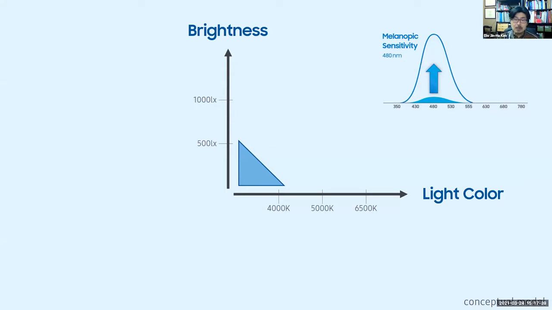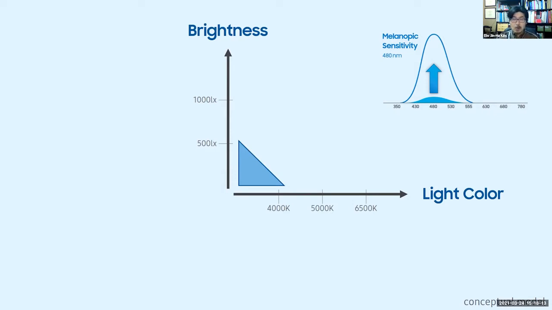We can look at these effects in this view graph. We have light color on the x-axis and the brightness of the lighting on the y-axis. Let's assume we have a 500 lux lighting condition with a correlated color temperature of 4,000 Kelvin as the initial condition. We can improve alertness by having more spectral power under the melanopic sensitivity curve, around the 480 nanometer cyan region.